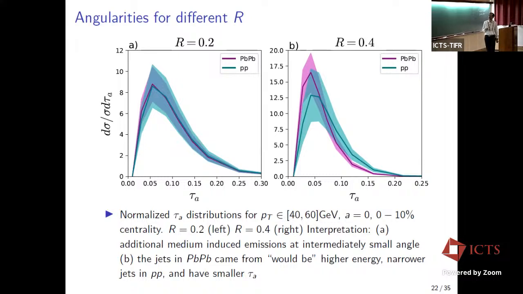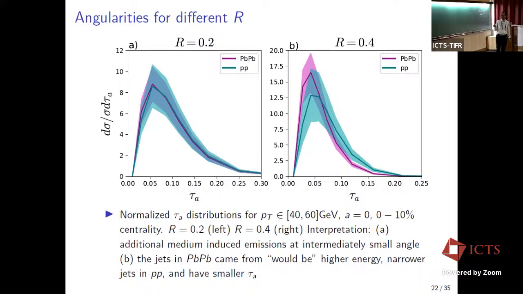Okay, and let's look at this right plot first. Here you can see basically the effects are small, but the tendency is that in heavy ion collisions, the angularity distribution is shifted towards the left, it becomes narrower.